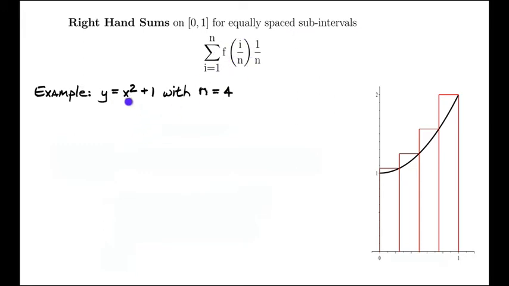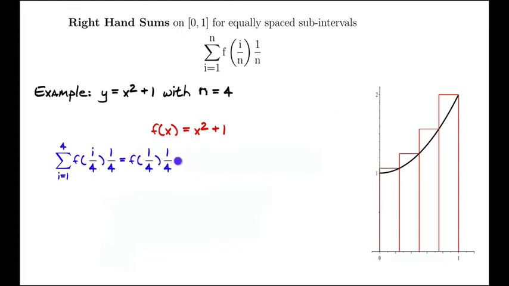The function f of x is just x squared plus 1, and our sum here is going to be what we get when we put in n equals 4. So we have the sum, i equals 1 to 4 of f of i over 4 times 1 over 4. That's our sum. Let's write that out using what we know about summation notation. So when i equals 1, we get f of 1 over 4 times 1 over 4.